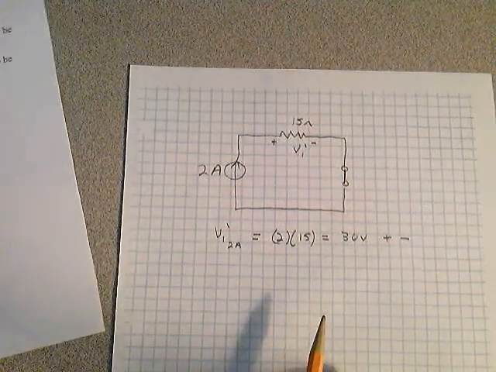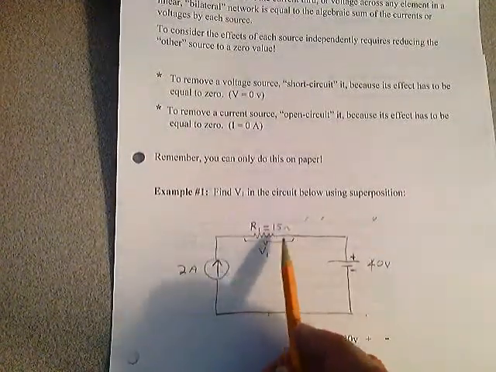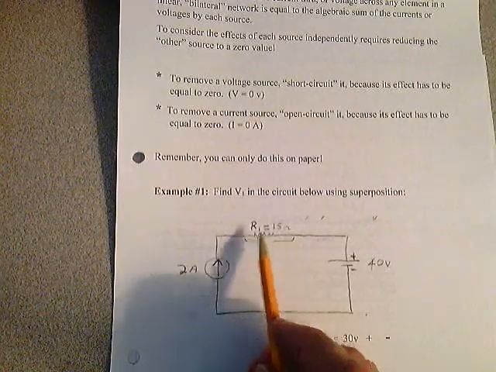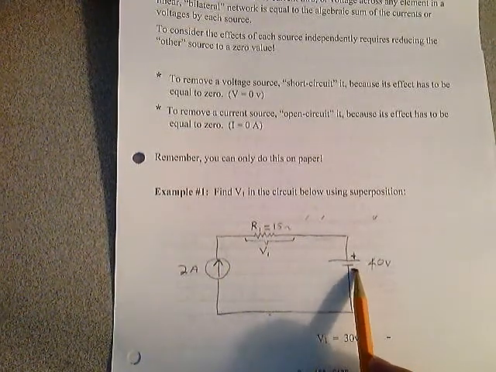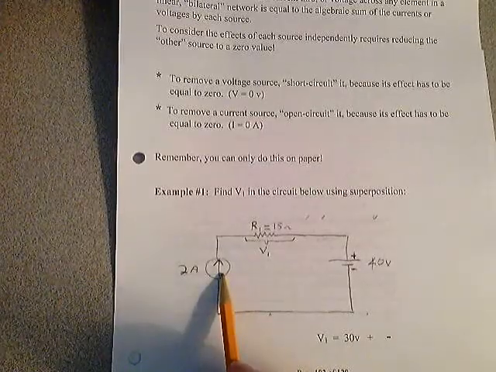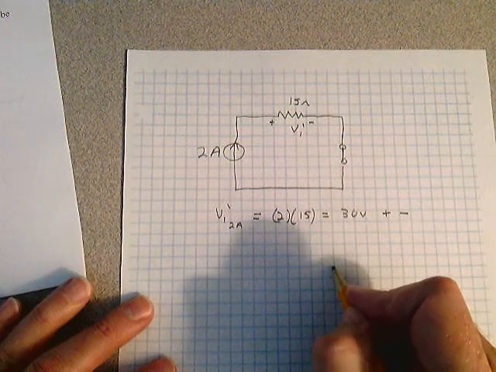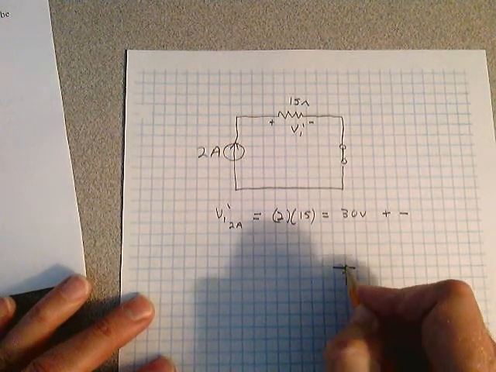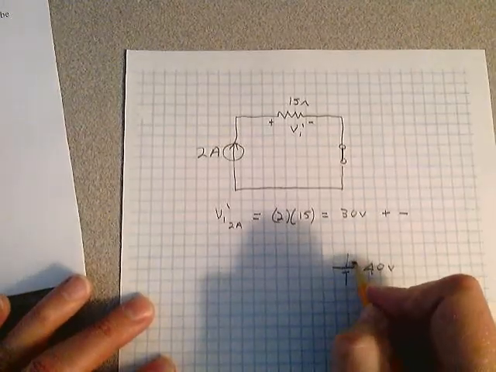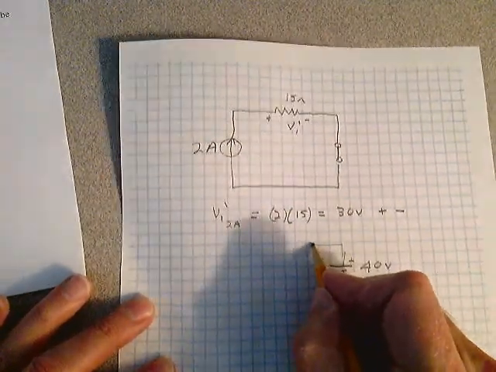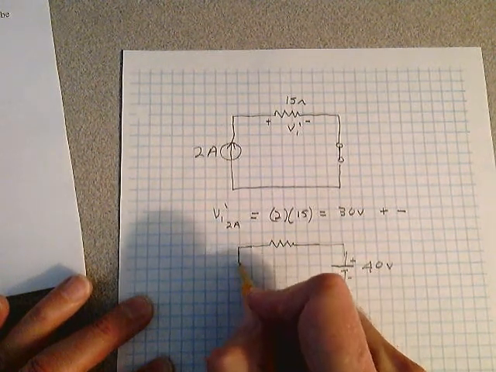Because what you need to do is you need to go back here and you need to consider what that current is, what that voltage drop is there whenever you have a 40 volt source and you reduce this to 0. So the second part of this problem is you put in your 40 volt source plus to minus, put in your resistor here, and out at this point.